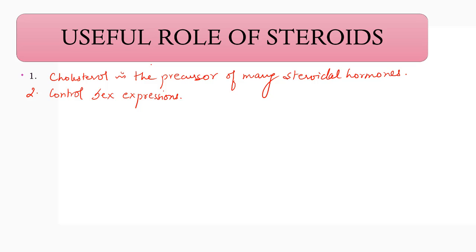Cholesterol forms vitamin D on exposure to UV rays. Cholesterol is useful in absorption of fatty acids and vitamin D. There are many roles of steroids.